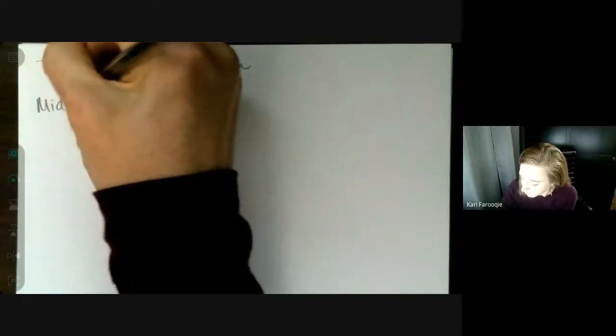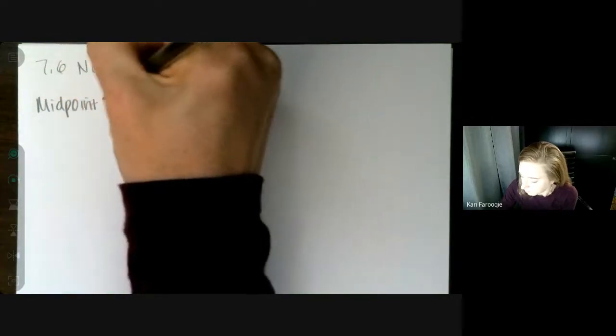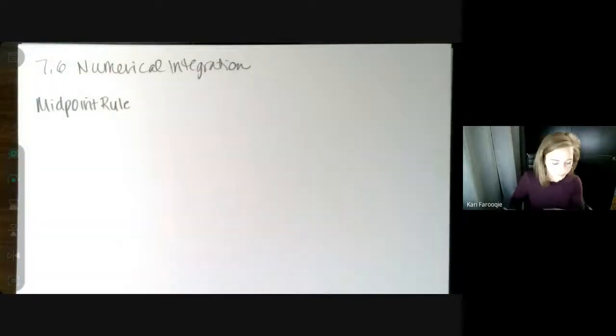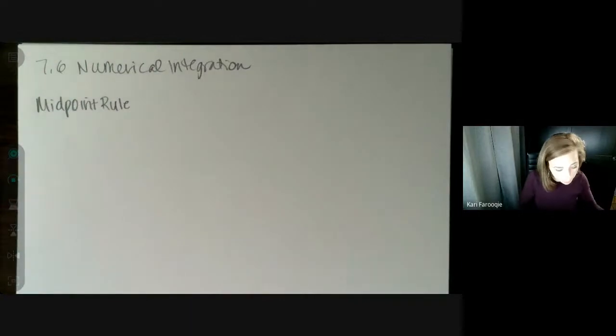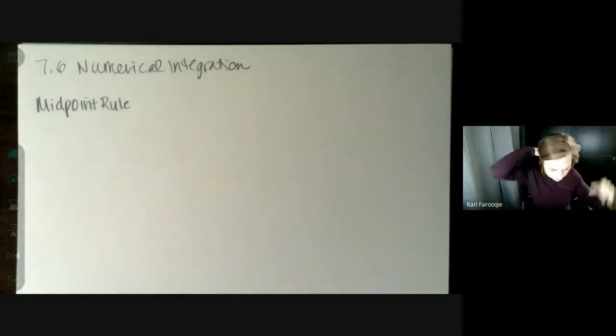Let's do the midpoint rule first. Okay, so I'm going to give you the rule, and then I pulled up some nice pictures from one of my other texts that I'm going to show you. Your book has some decent pictures. For some rules, I thought their pictures were better than others.